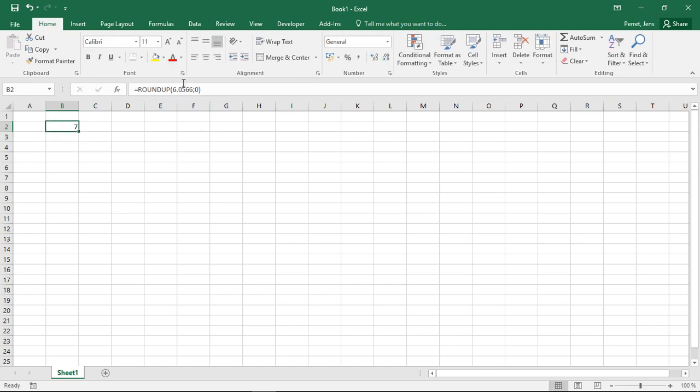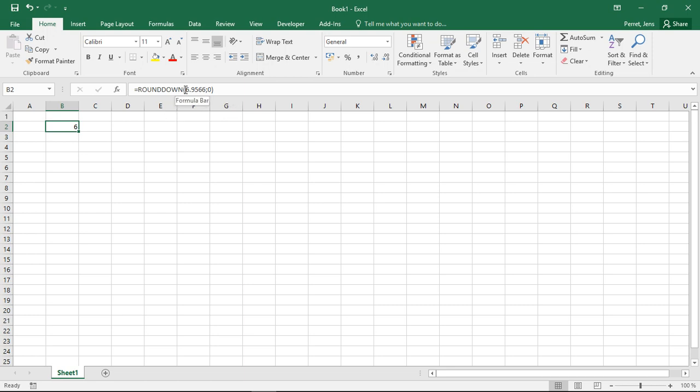So as soon as I'm here larger than the 6, it will always round to the next number. Correspondingly, with ROUNDDOWN, it doesn't matter if I have 6.0 something or 6.9. In this case, it will round down.